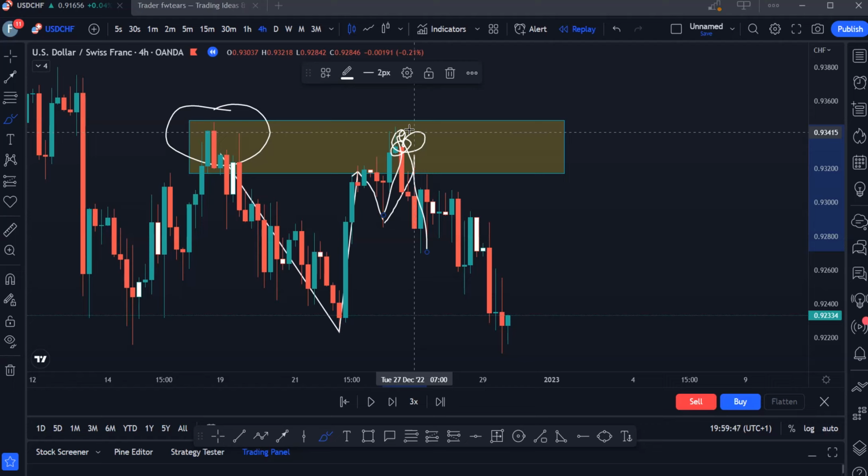And you just don't buy at support or sell at resistance without adding any confirmations. Before you do, you need to add some confirmations, which we are going to talk about.